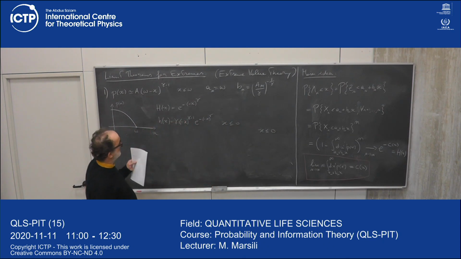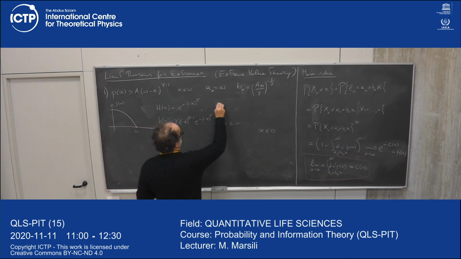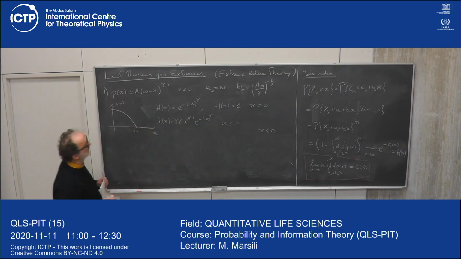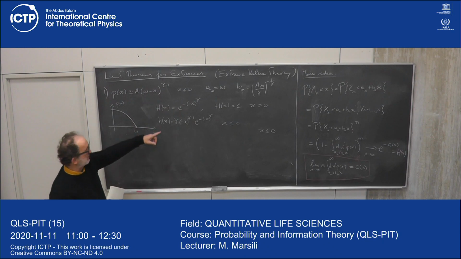And so h of x is equal to 1 for x which is larger than 0. Okay? And here the density is equal to 0.